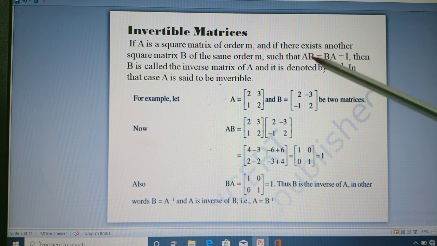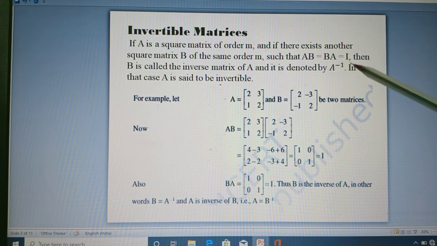Like this, AB equal to BA must be I. It's an identity matrix. Then B is called the inverse of matrix A, and it is written as A inverse.